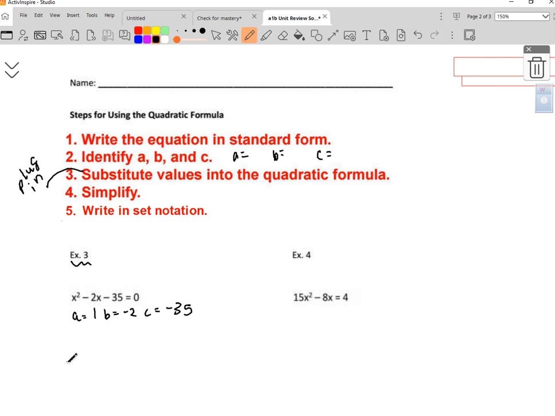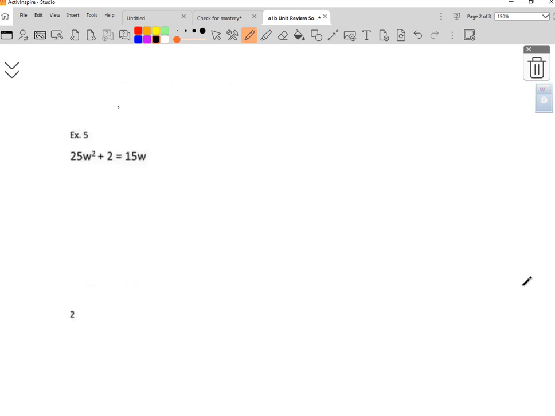So the quadratic formula is x equals the opposite of B, so opposite of negative 2, plus and minus the square root of B squared, so that's negative 2 squared, minus 4 times A, which is 1, and times C, which is negative 35, all over 2 times A. Any questions?